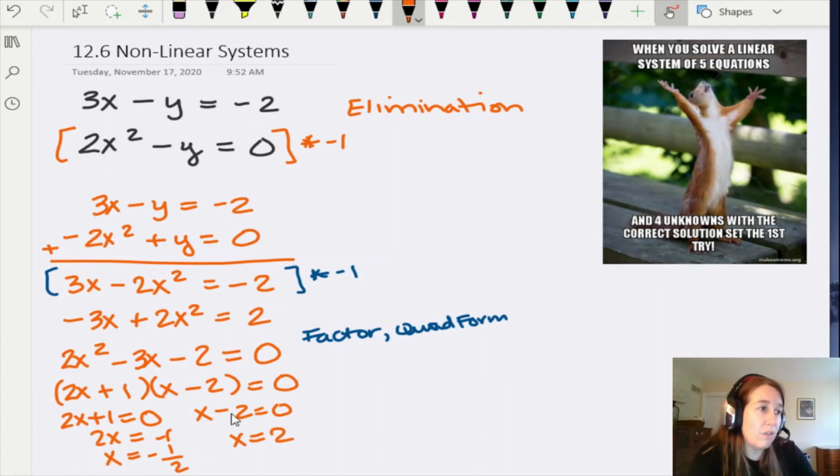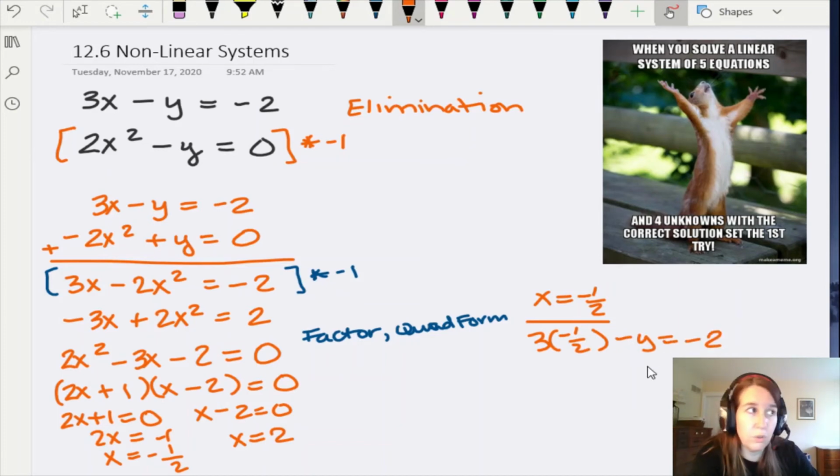All right, so to find y, if x is equal to negative 1/2, let's just plug that into the first equation, I think. So 3 times negative 1/2 minus y equals negative 2. So that's negative 3/2 minus y equals negative 2.